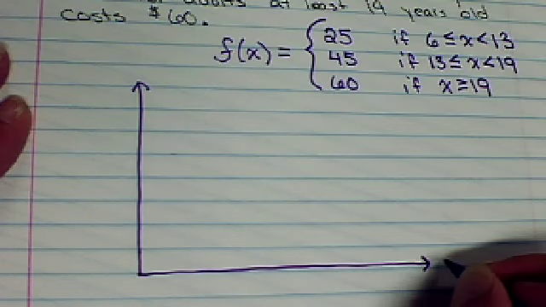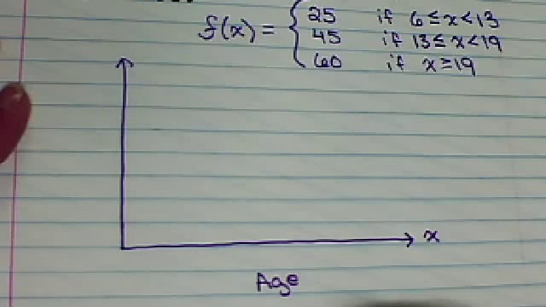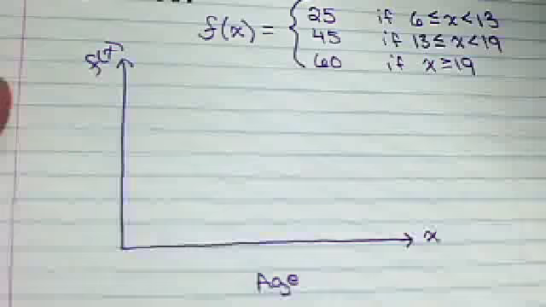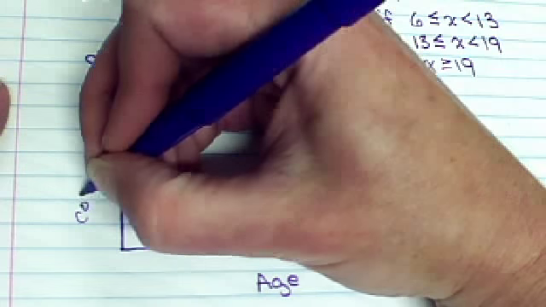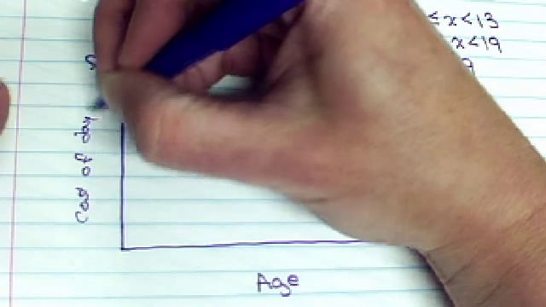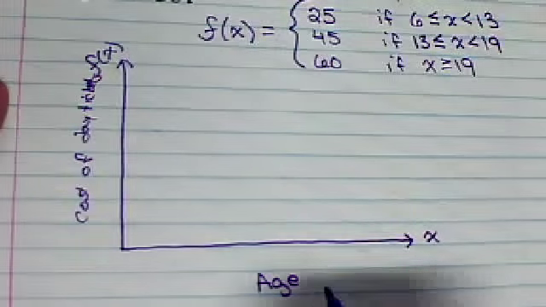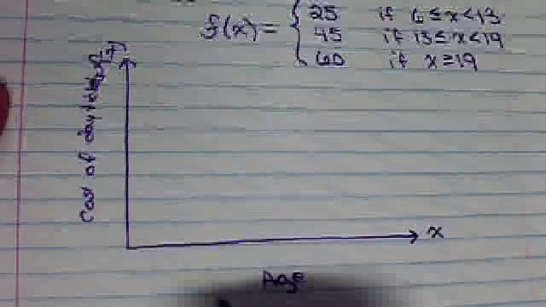So here's my x-axis. What is the x-axis representing? Well, that's my ages. Age. And the y-axis, or the f of x axis, is actually my cost of tickets. Cost of day tickets. So let's see. We need to get past 19.